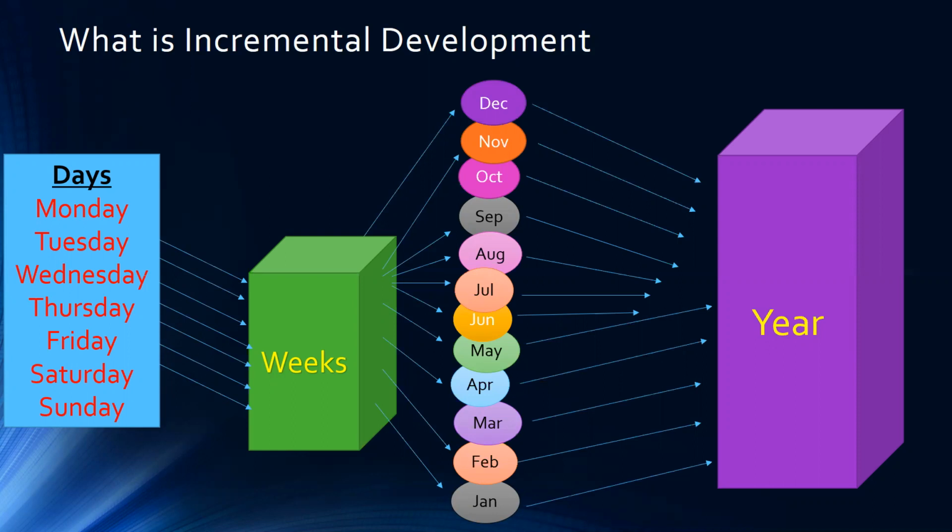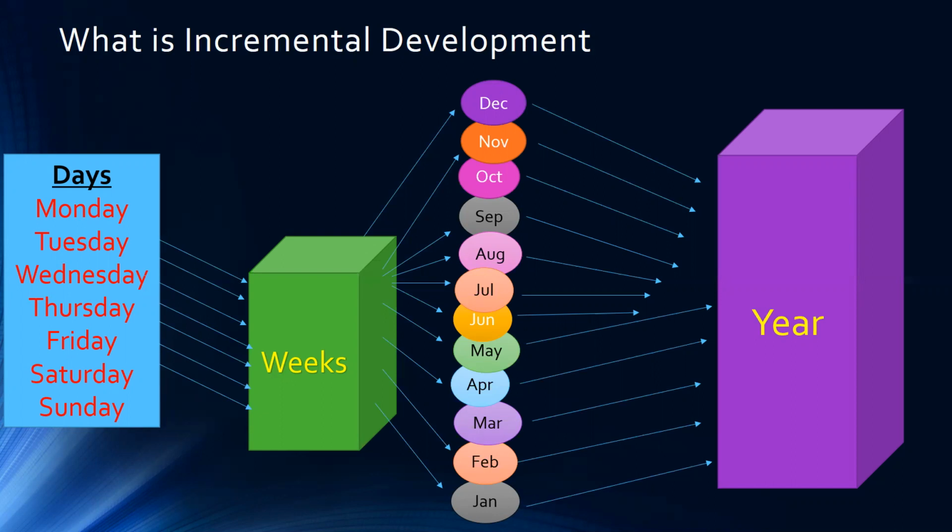And every year we celebrate our birthdays, and if we are married, we celebrate our wedding anniversaries. So what we are actually doing is incrementing our days to months, months to years, and years to centuries.